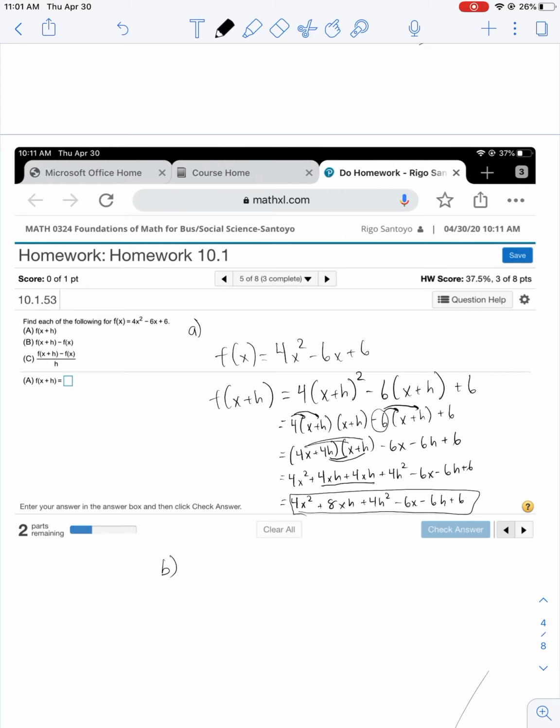Part B now tells us to find f of x plus h minus f of x. We should be able to do this very easily. Keep in mind that the answer that we just did previously is just f of x plus h, which means we can replace this x plus h with that whole thing.